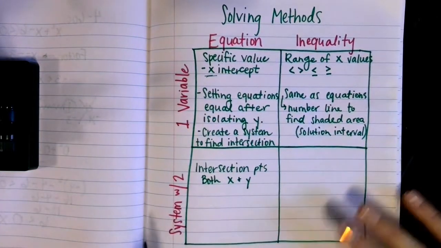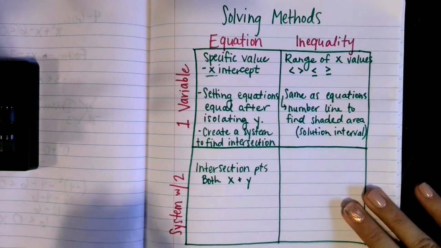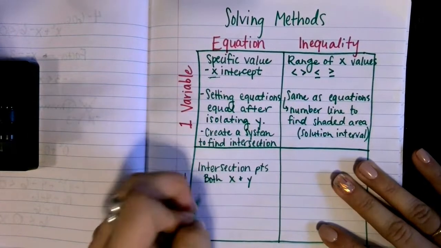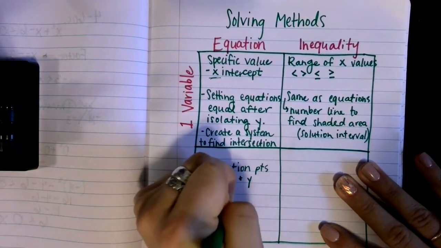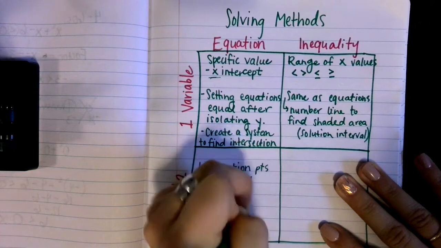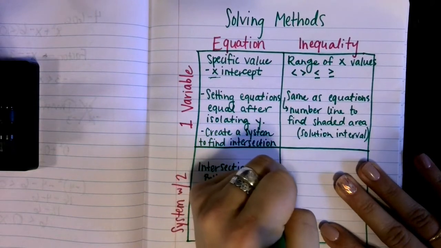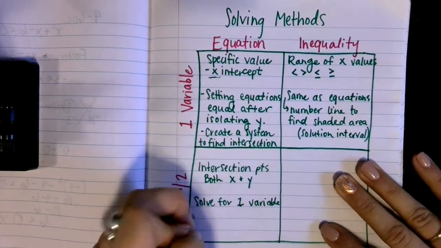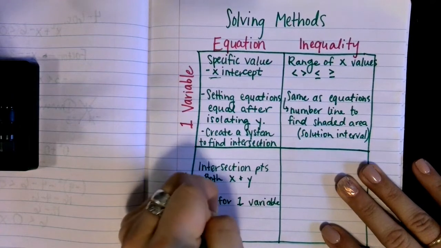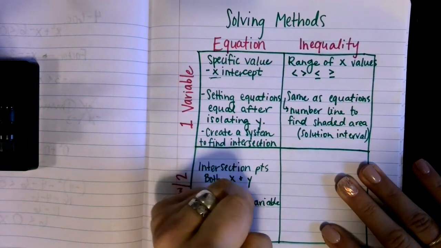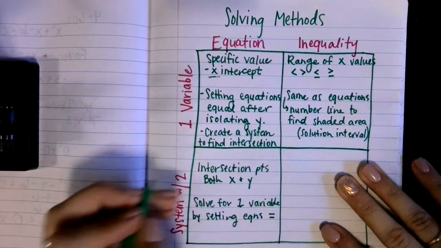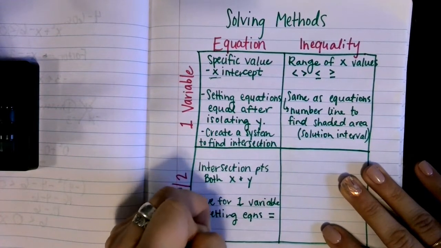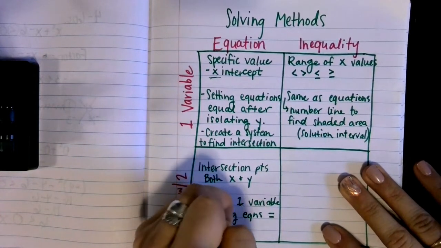We can do this by simply graphing the system, or we can solve for one variable by setting the equations equal, and then plug in to find the other variable.